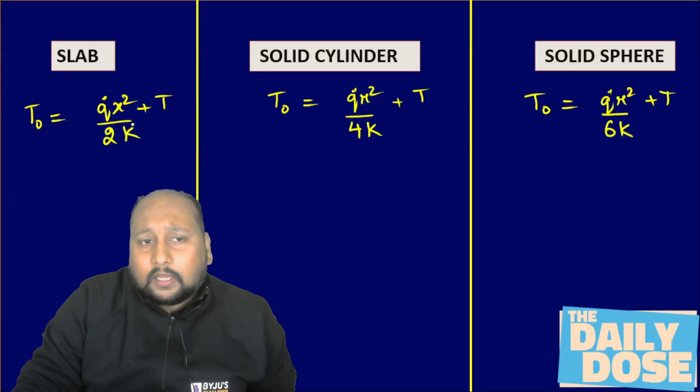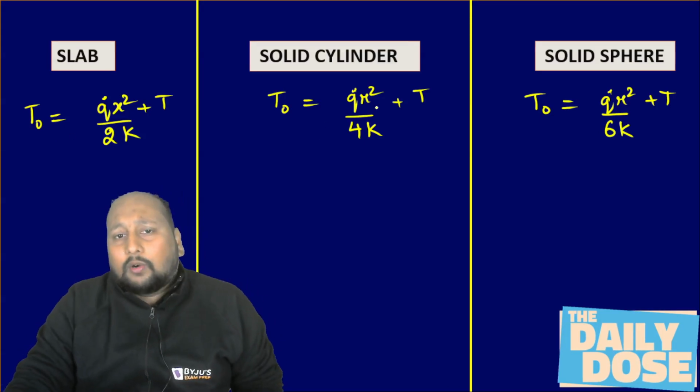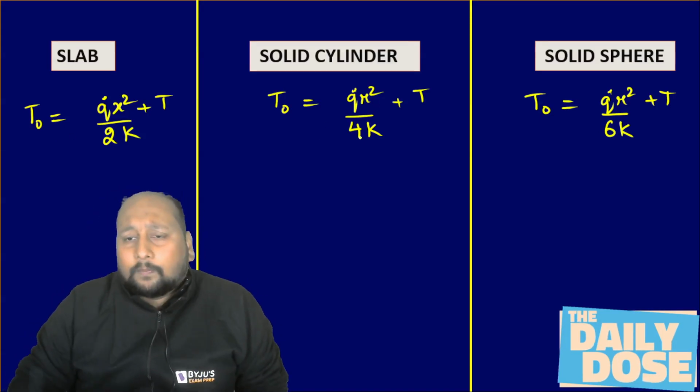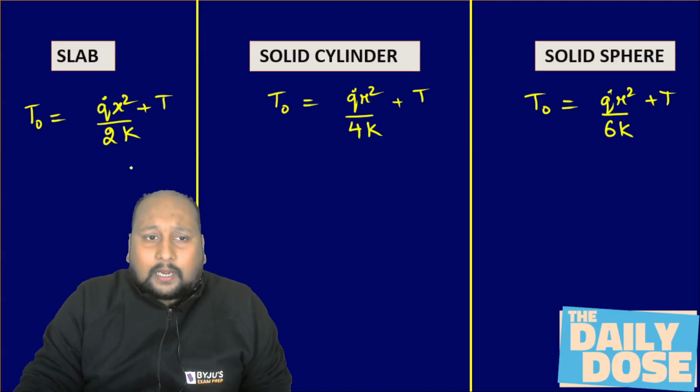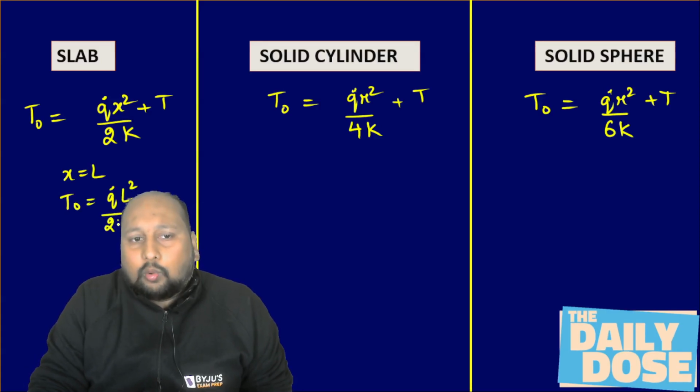That means if I put x equal to 0, we'll be getting the maximum temperature. If I put r equal to 0, we'll be getting the maximum temperature, that is T naught. Here also the same. Okay, that means if I put x equal to L, you'll be getting T naught is equal to q dot L square by 2k plus TW.